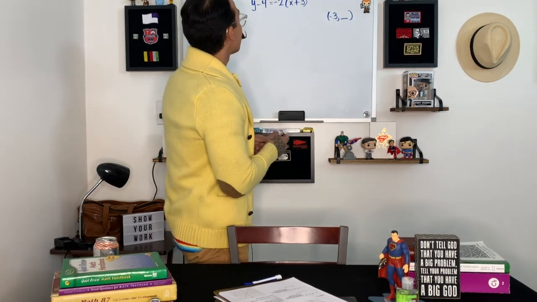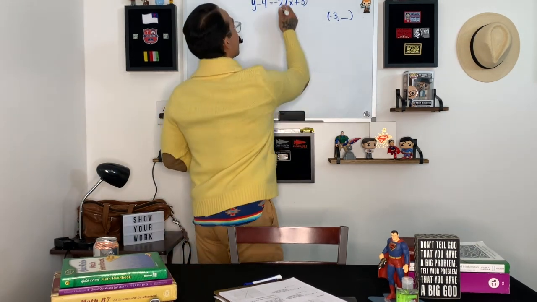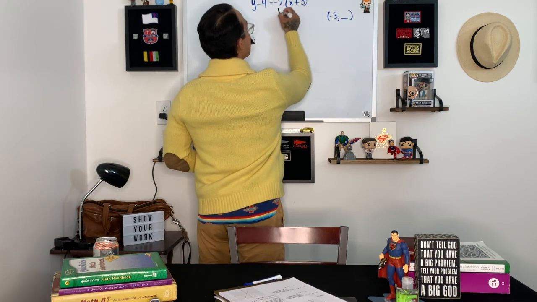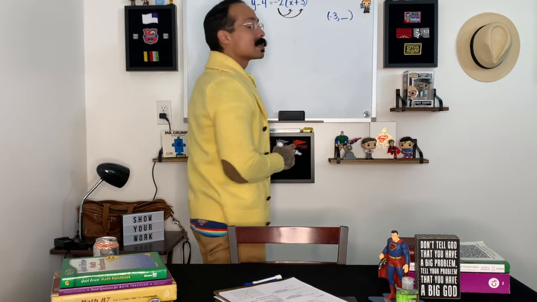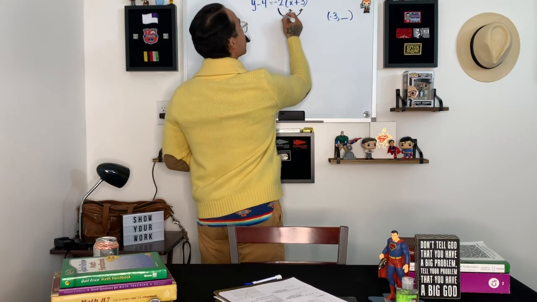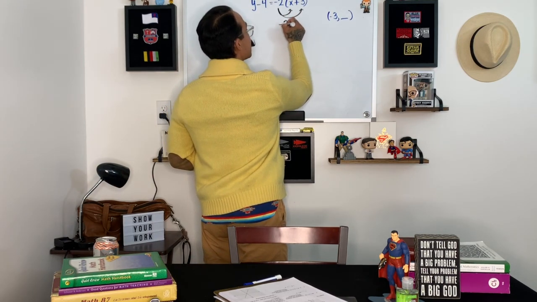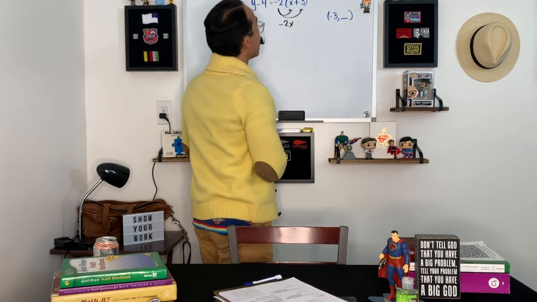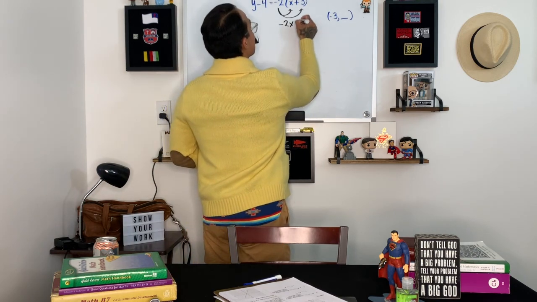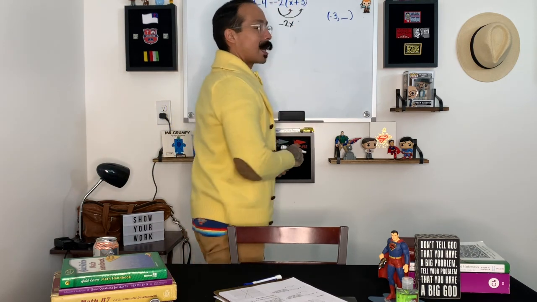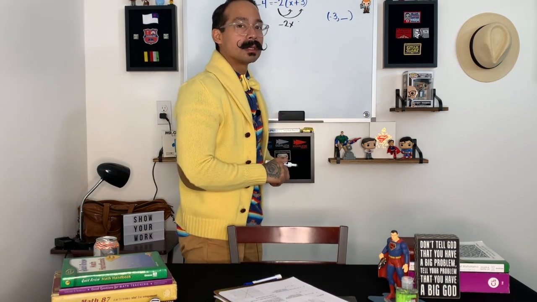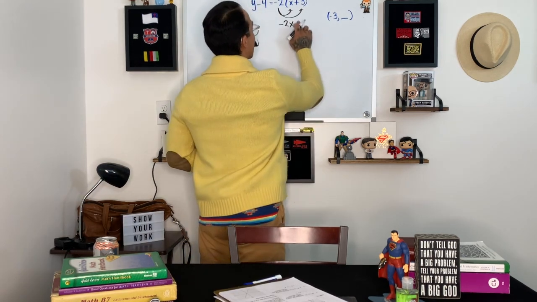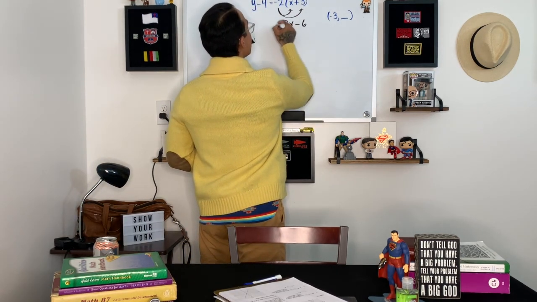So I'm going to do that first. I'm going to distribute that -2 to both terms inside of the parentheses. -2 times x will give me -2x. Then I've got -2 times +3. What would that be? Right, -6. So I can write down -6 here.